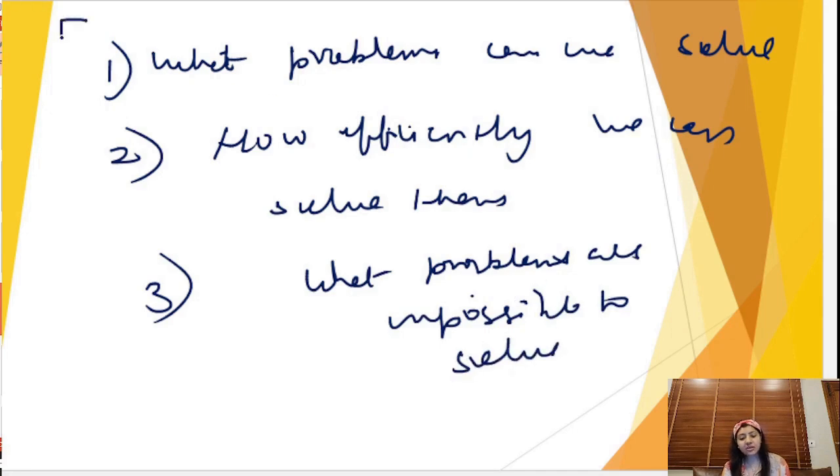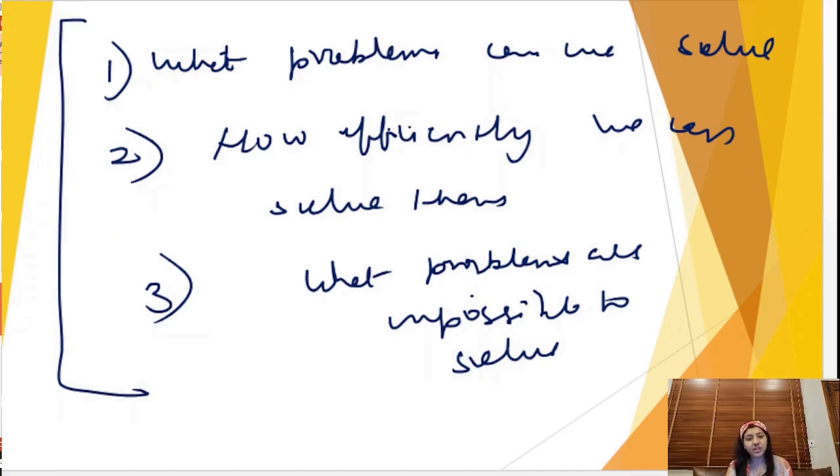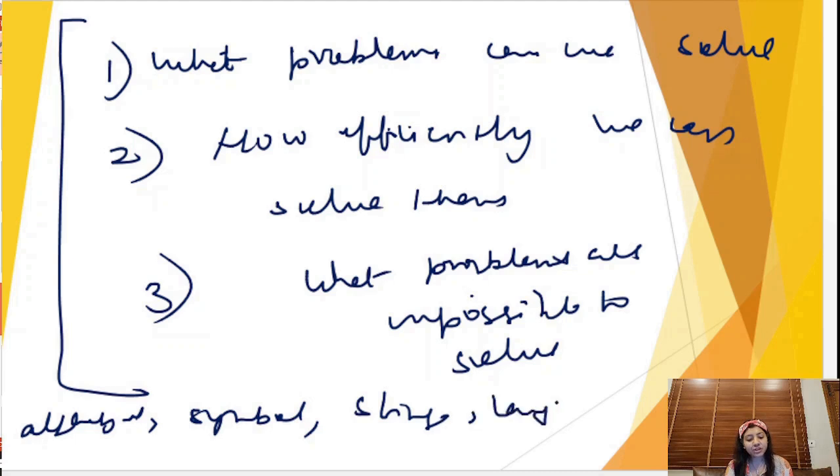So these are the three kinds of questions which we are trying to address in theory of computation. And for answering such questions, the basic building blocks that we will be using are alphabet, symbol, string, and language. So on this our entire TOC subject will be based.